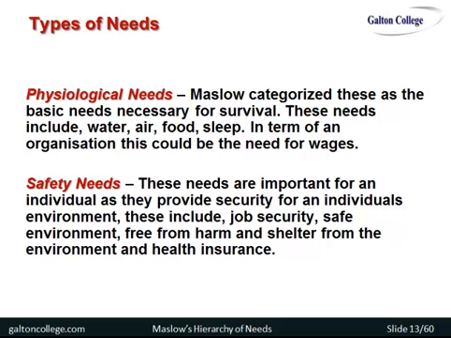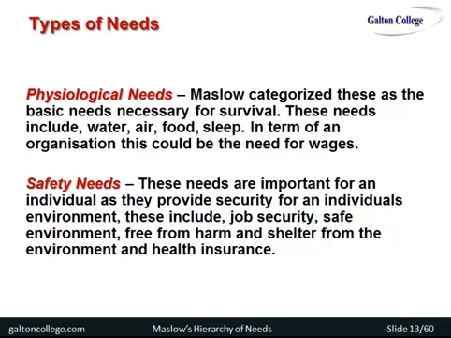And by health insurance I mean that the situation in which the worker finds him or herself is safe, and the management of the organization have undertaken some scrutiny of the activities of the individual and the environment within which the individual is working, and try to make them safe.